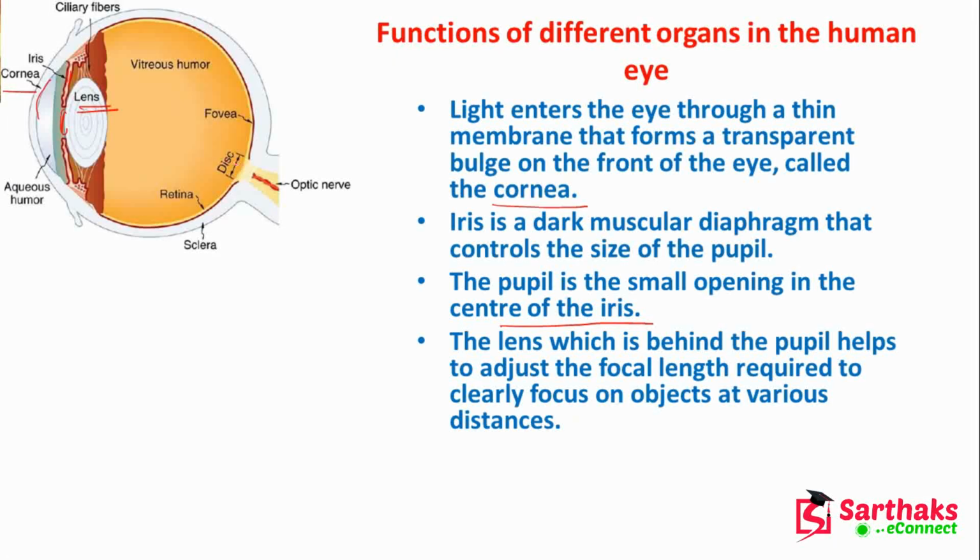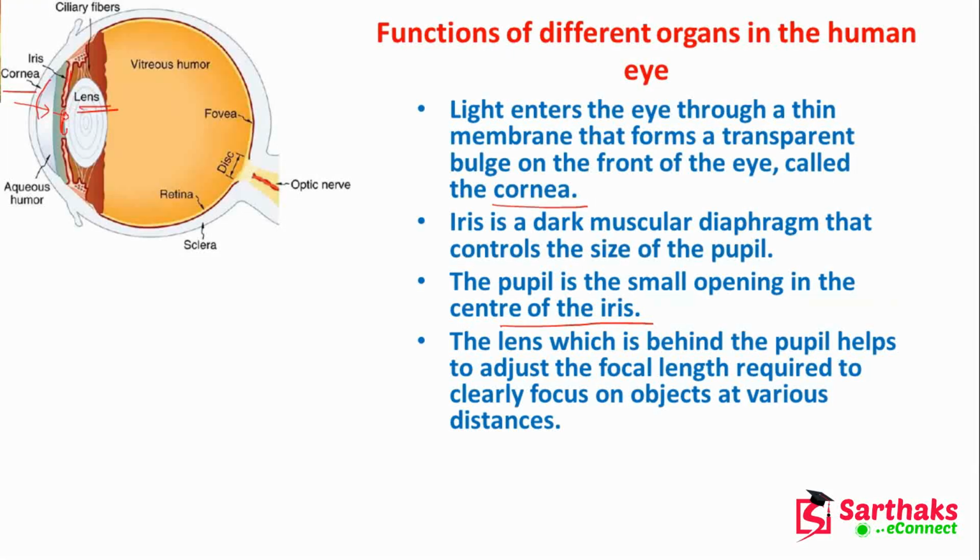The lens, which is behind the pupil, helps to adjust the focal length required to clearly focus on objects at various distances. So light enters the eye through the cornea, a transparent bulge on the front of the eye. The iris is a dark muscular diaphragm that controls the size of the pupil, and the pupil is a small opening in the center of the iris. First the light enters through the cornea, a membrane, and after that it penetrates here, and this opening is controlled by the iris, a muscular diaphragm.